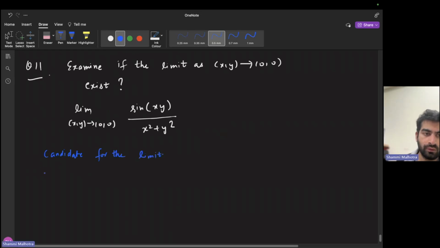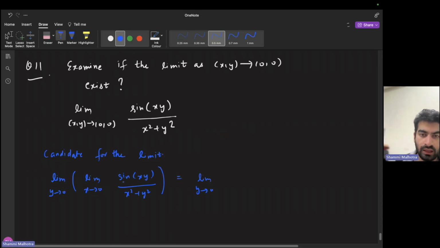So I have to evaluate the iterated limits: limit as y tending towards 0, limit as x tending towards 0 of sin(xy) divided by x square plus y square.